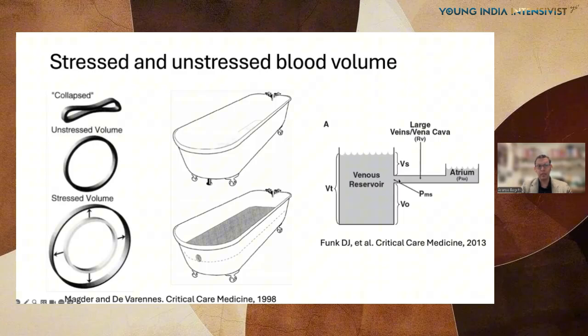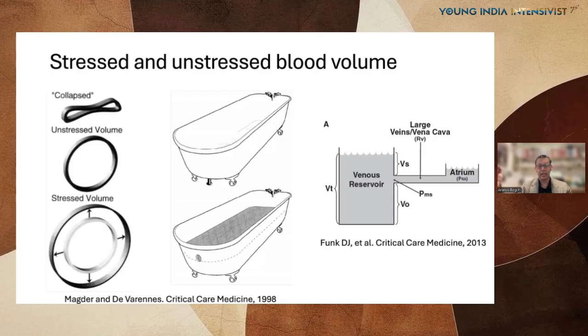Everything below it is the unstressed volume, and the total volume is the total volume in the reservoir. So the pressure that drives venous return in this concept is the difference between the pressure in the stressed volume and the pressure at the right atrium, right? And the resistance against which this blood flow happens is the venous resistance.